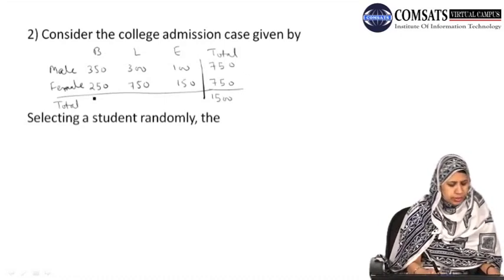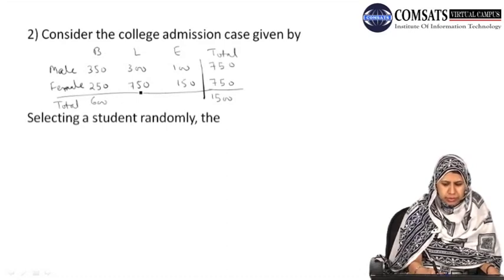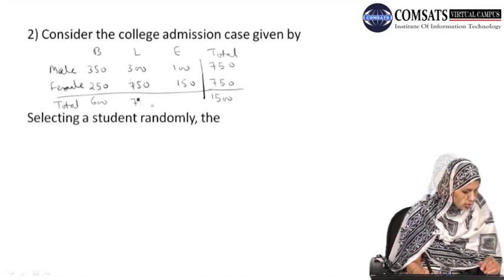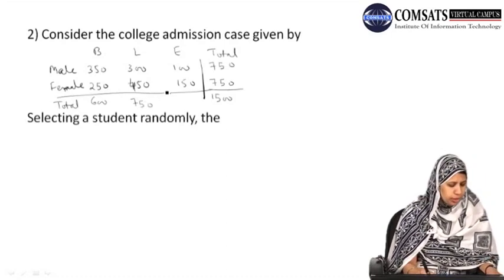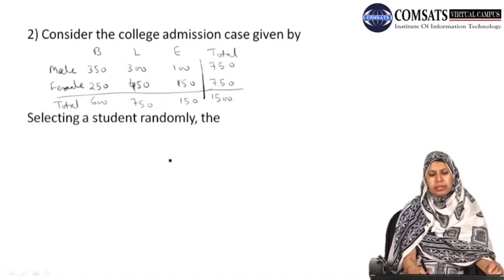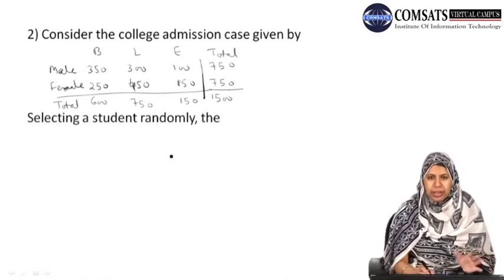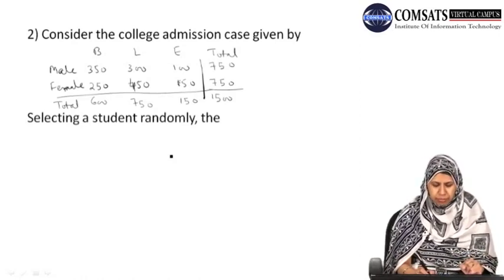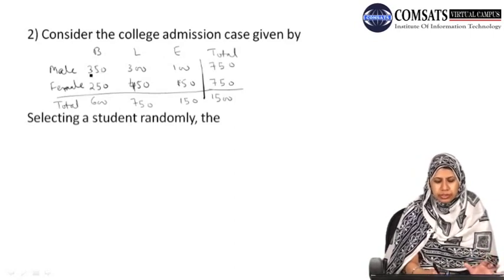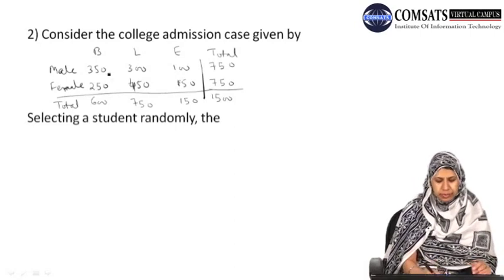The total number of students studying business is 600. The total number of students studying law is 750, and the total for engineering is 150. So we are provided this information, that is we know the number of students with respect to the subject and with respect to their sex.